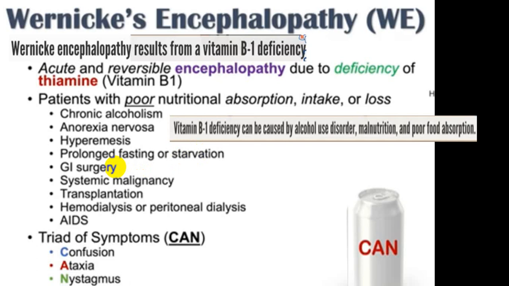gastrojejunostomy, etc., GI malignancy, or even a systemic malignancy where the intake is less, even a person with a transplantation, hemodialysis, peritoneal dialysis, long-term hemodialysis going on, is likely to develop decreased intake and excessive loss.